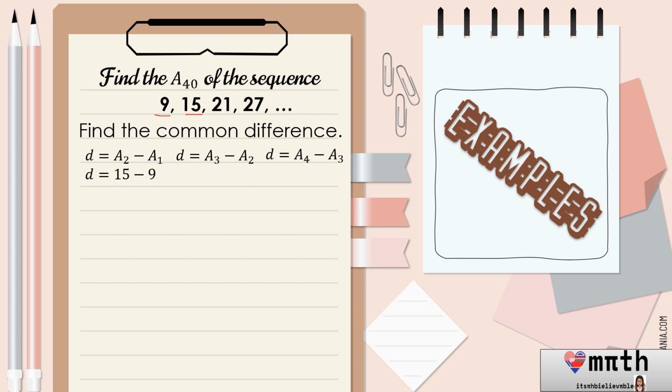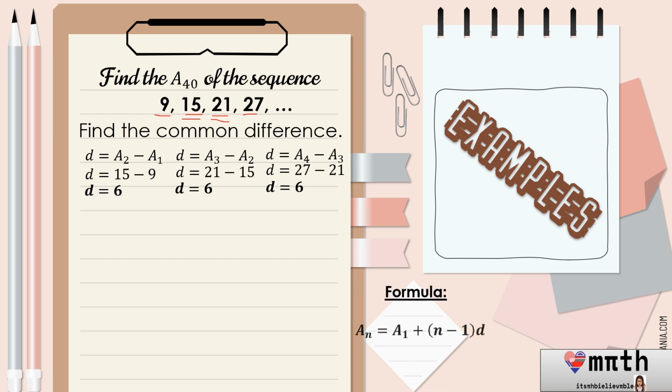Then a sub 3 minus a sub 2, that is 21 minus 15. Then a sub 4 minus a sub 3, that is 27 minus 21, which is all equal to 6. So our common difference there is 6.